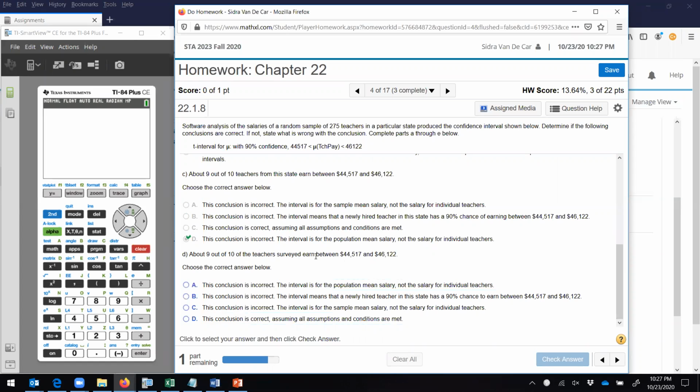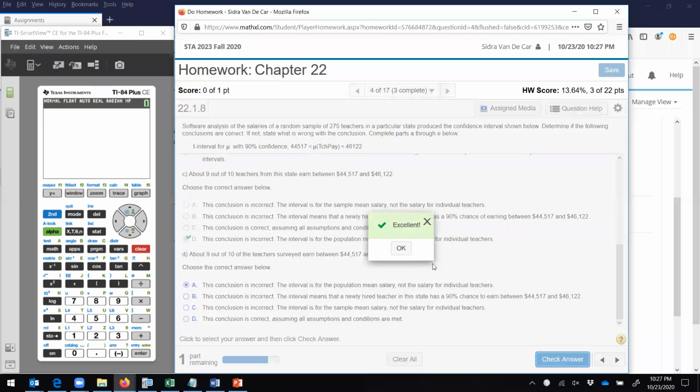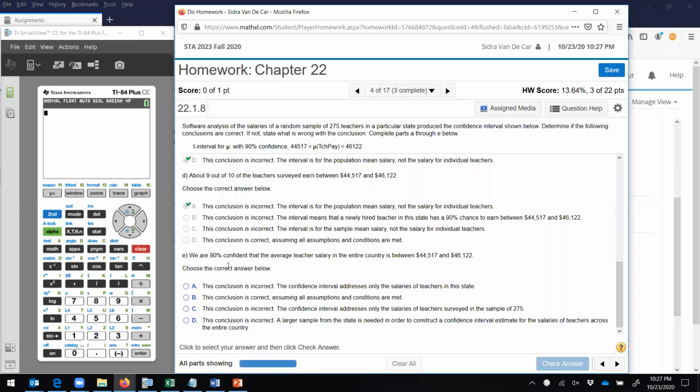About 9 out of the 10 teachers surveyed earned between those amounts. Nope. Not the salary for individual teachers. Same answer. We are 90% confident that the average teacher salary in the entire country, no, it's for this state.